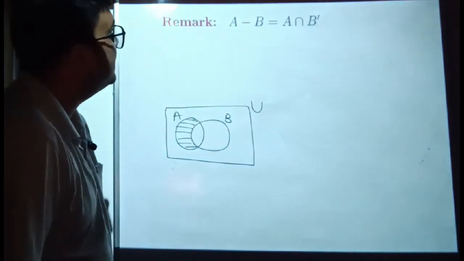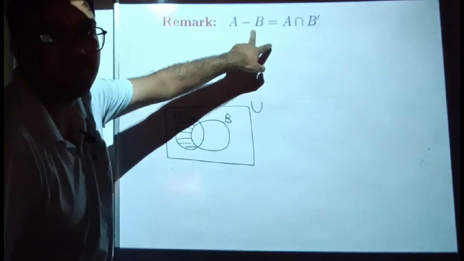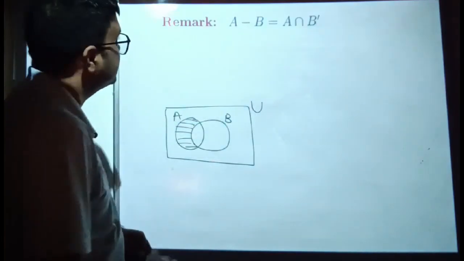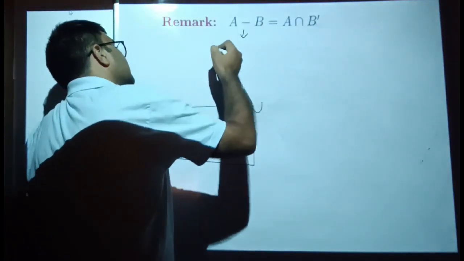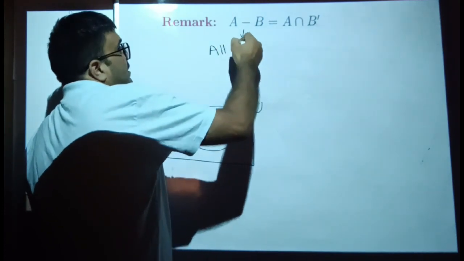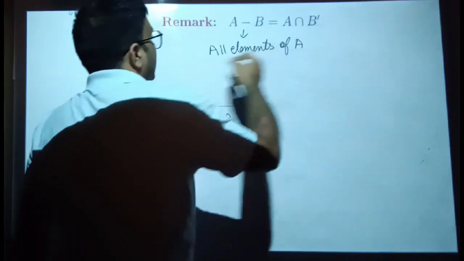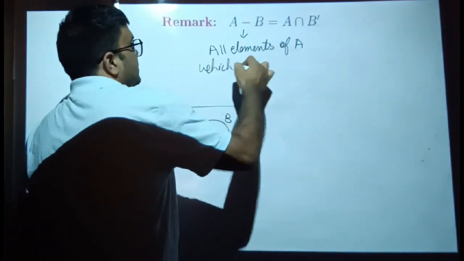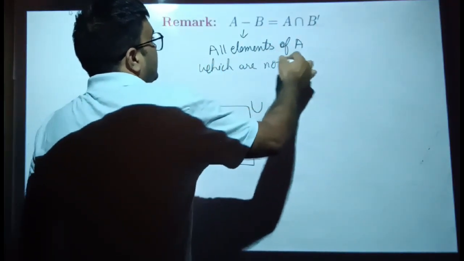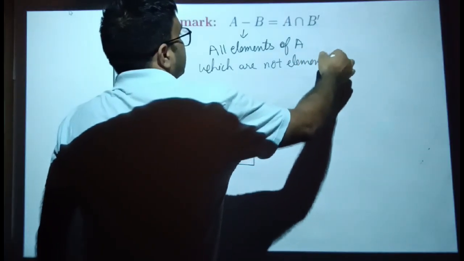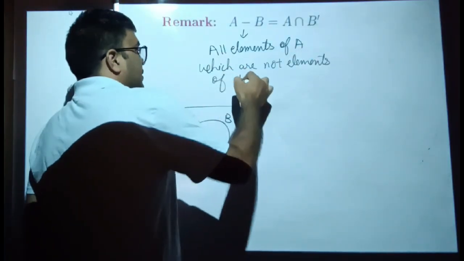If we talk about the left hand side, A minus B, it represents all elements of A which are not elements of B.